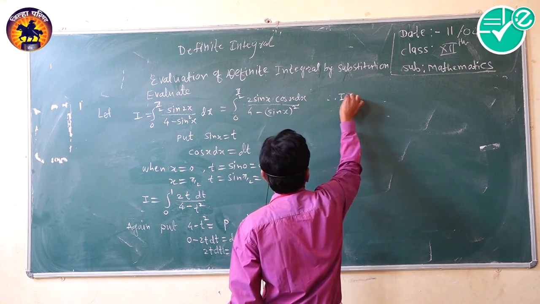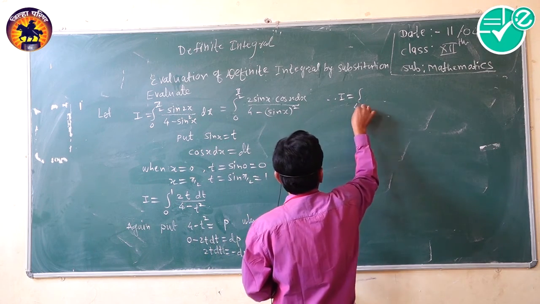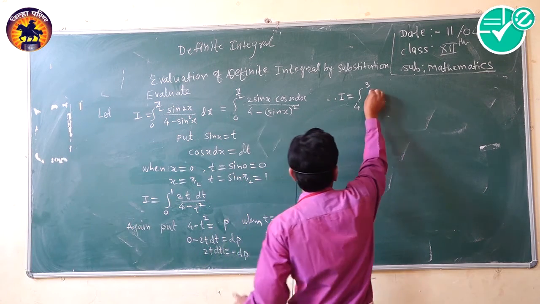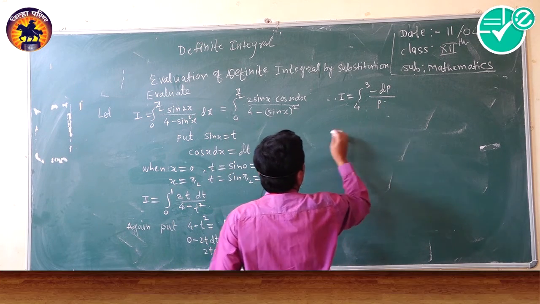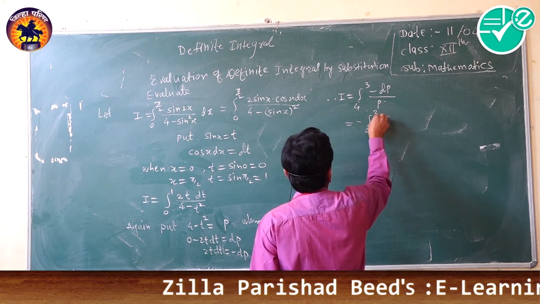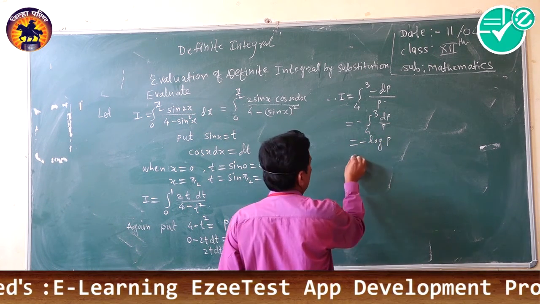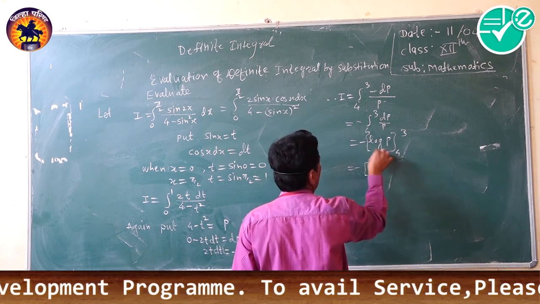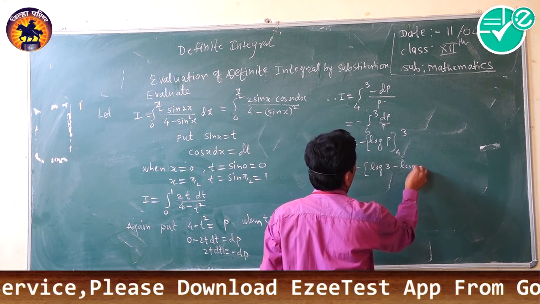Therefore, I becomes integration from 4 to 3, value of 2t dt is minus dp, divided by 4 minus t square, it is p, and this becomes minus integration 4 to 3 dp upon p, is equal to minus log p, 4 to 3, and this is equal to minus of log 3 minus log 4.